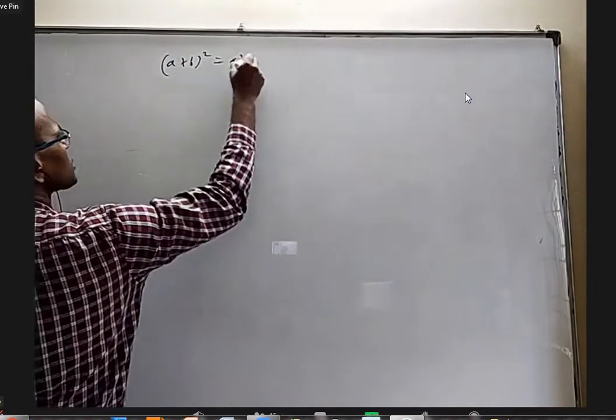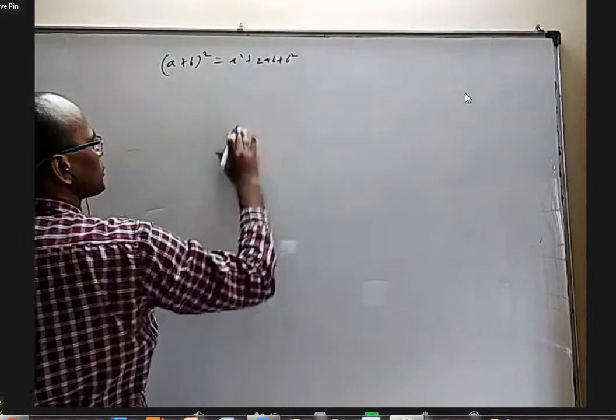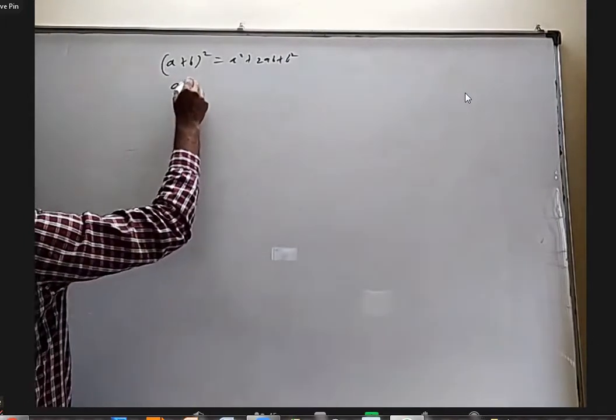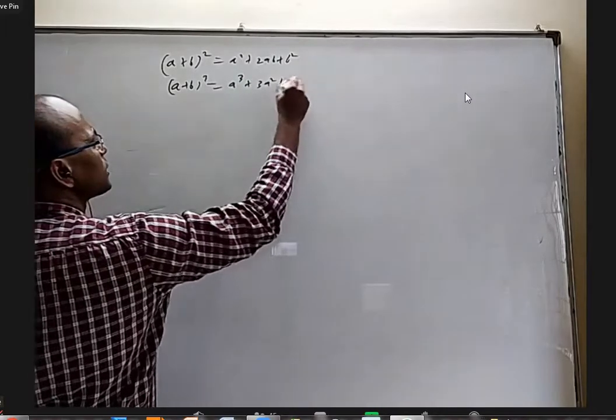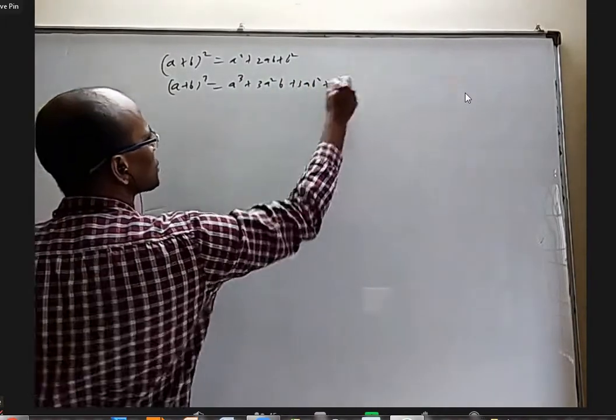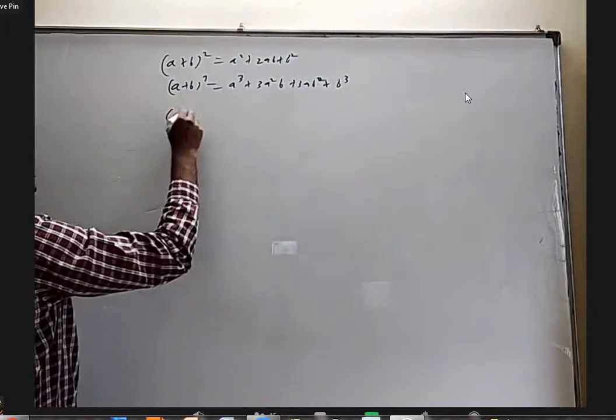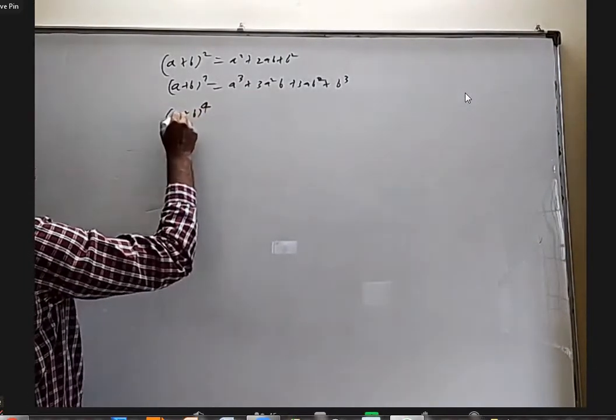All of you know that (a plus b) whole square formula is a square plus 2ab plus b square. And (a plus b) whole cube, you know, is a cube plus 3a square b plus 3ab square plus b cube. Now (a plus b) whole power 4.